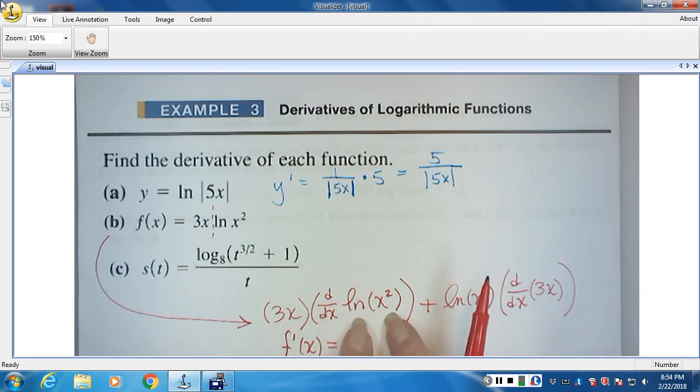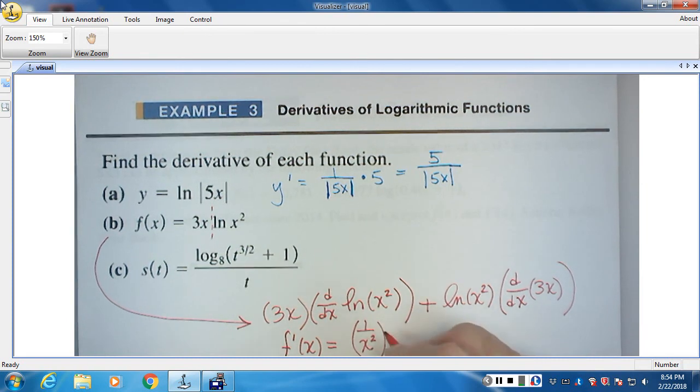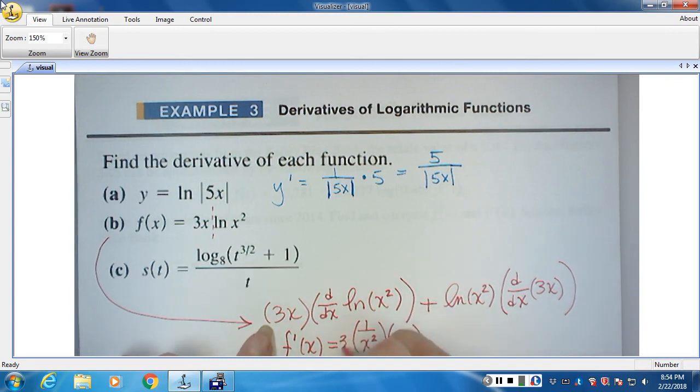The derivative of the natural log of x squared is 1 over x squared times the derivative of x squared, which is 2x, and then I bring back my 3x out here in the front.